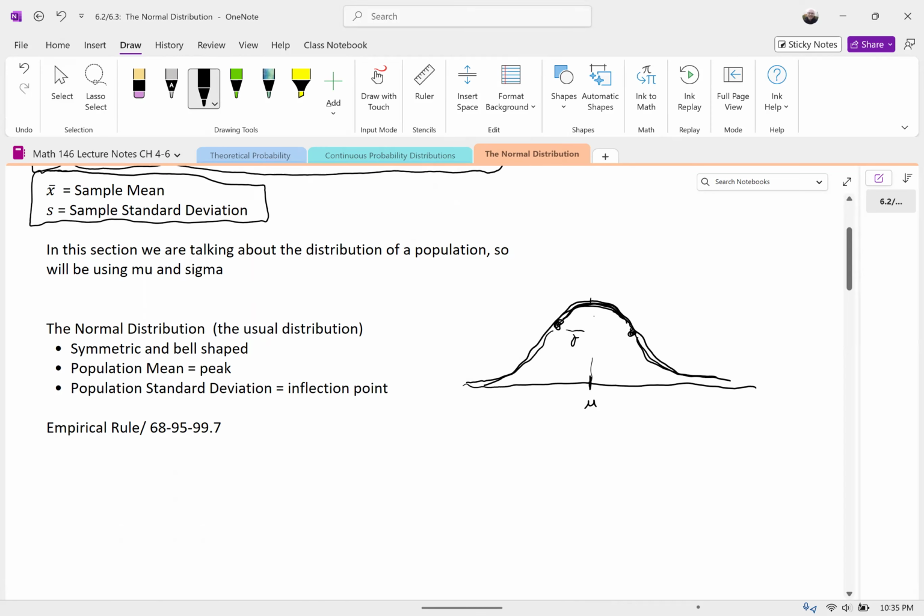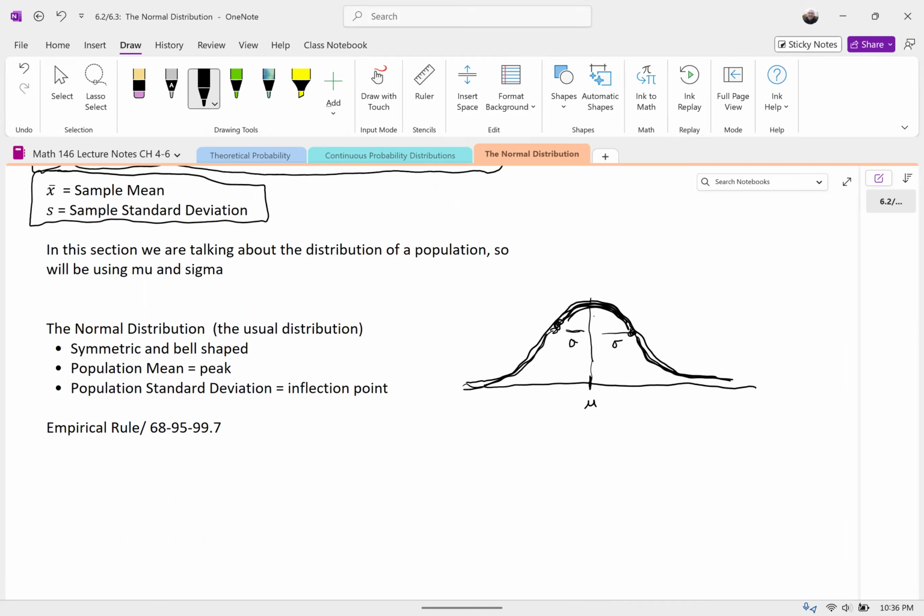So the standard deviation shows up as a physical distance on our graph, the distance from the mean out to those inflection points, where it changes from concave down to concave up. It tails off to both the left and the right. That inflection point where you change concavity is the standard deviation.